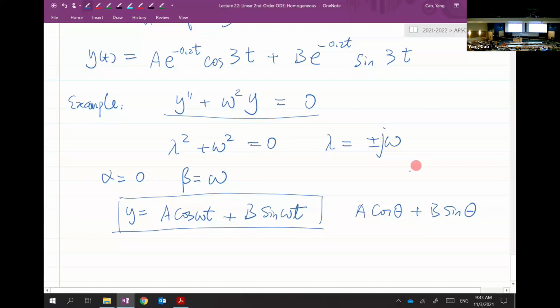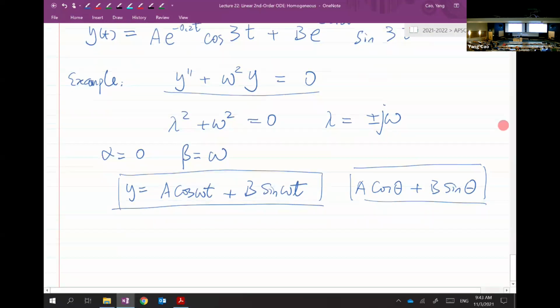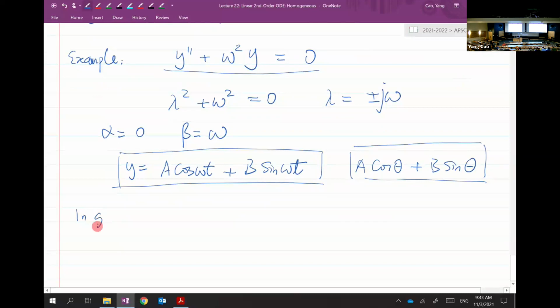Now, when you have an expression like this, you can always put it into a single expression. I'm not going to show you the detail of how you do that. You can take a look at the lecture notes, how it's done.